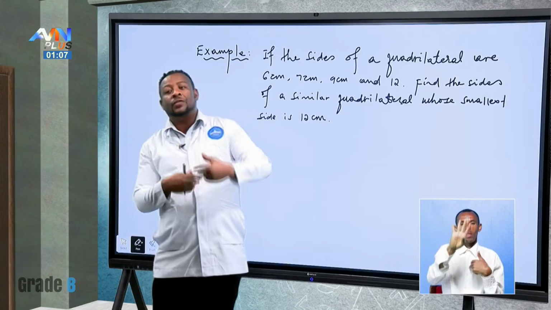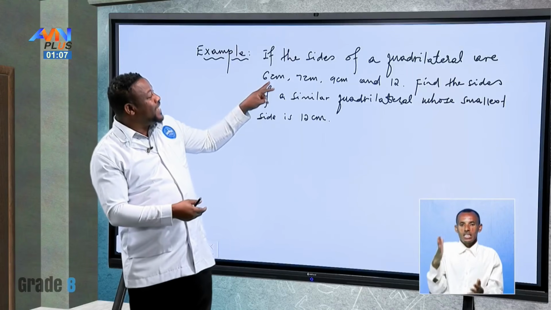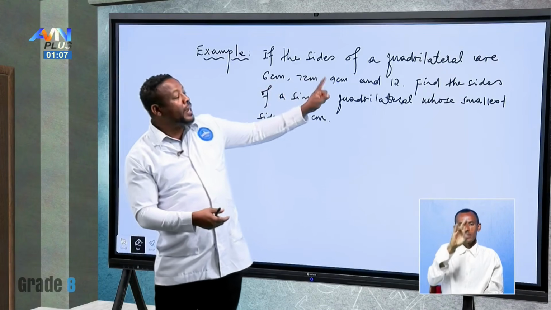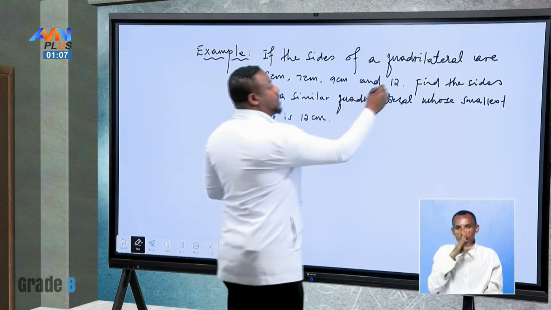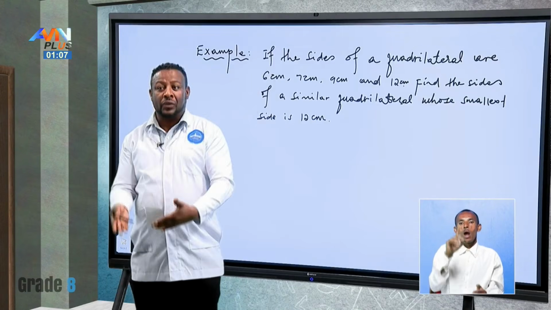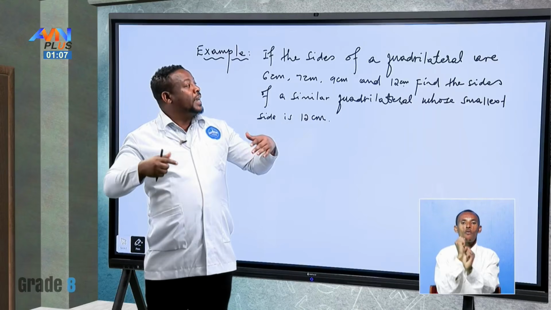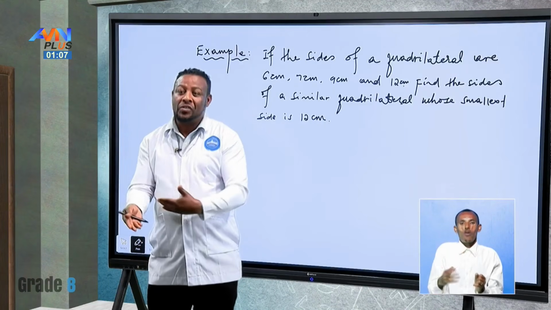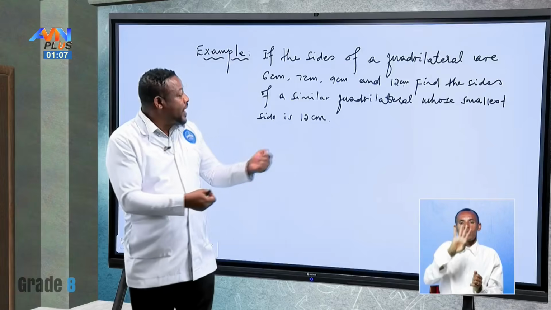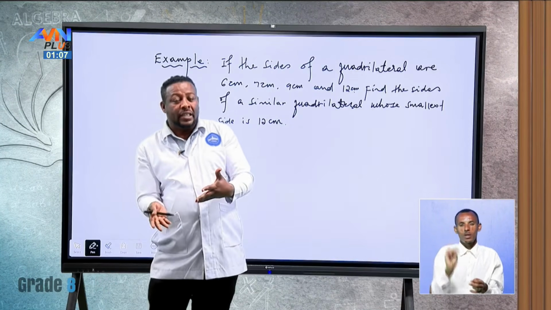Okay, the first quadrilateral contains sides 6 centimeter, 7, 9, and 12 centimeter. Okay, these are the sides of one of the quadrilaterals. Here we are asked to find the sides of another quadrilateral whose smallest side is 12 centimeter. Okay, so one of the sides is given.